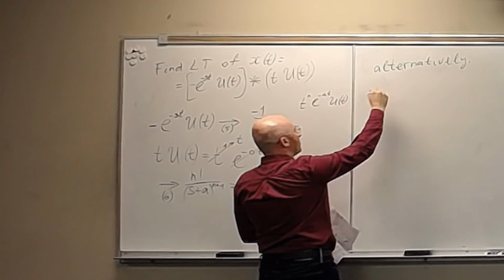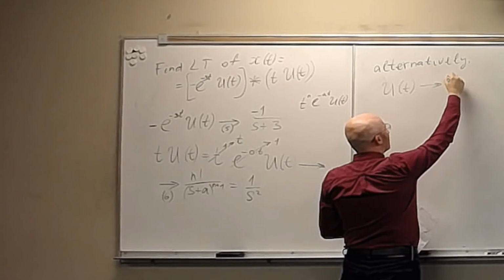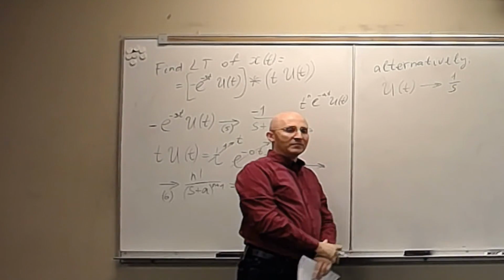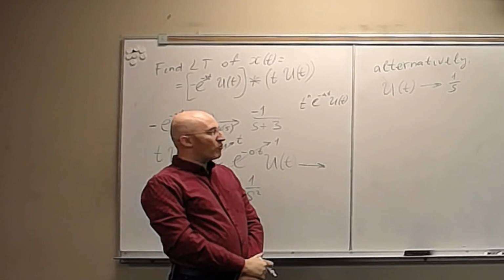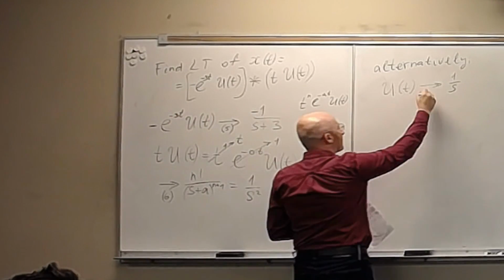Alternatively, we know that u of t, the step function, is transformed to 1 over s. It's formula number 3.